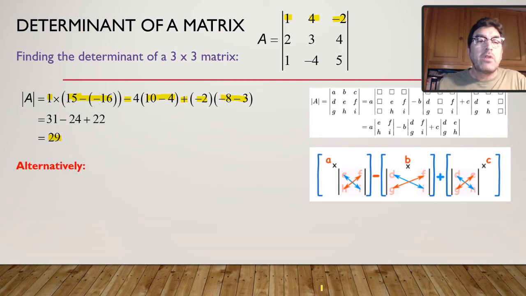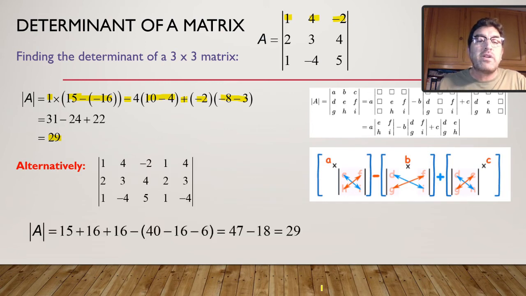So alternatively, if we use the old way, we augmented the matrix, we would have had, let's see, 1 times 3 times 5 is 15, 4 times 4 times 1 is 16, we add all of them, 2 times minus 2 is minus 4 times 4 is positive 16, minus the sum of the other way around, so 4 times 2 is 8, times 5 is 40, 4 times 4 is minus 16 times 1 remains minus 16, and then 2 times negative 2 times 3 is minus 6.